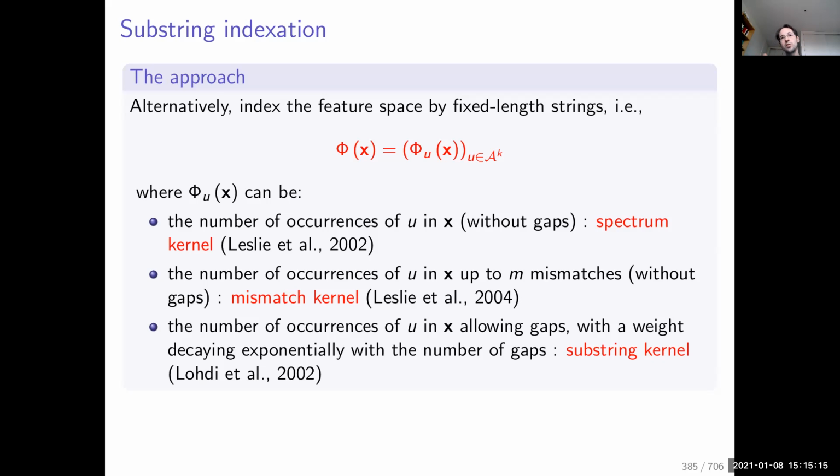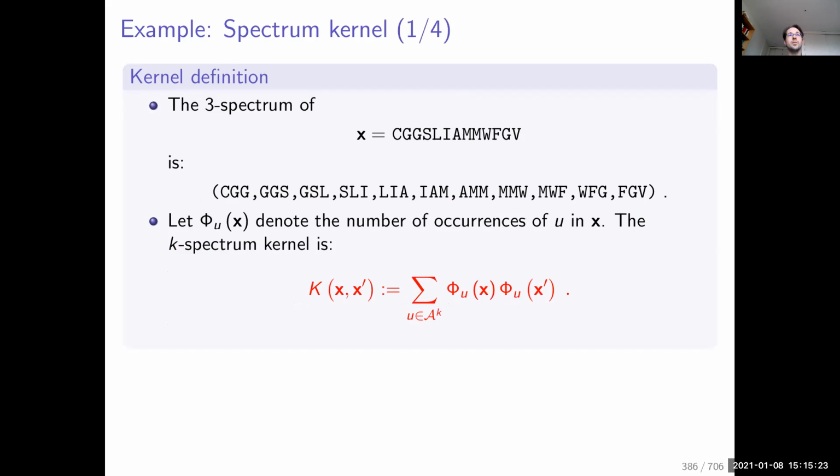That would motivate the need to allow gaps in the definition of occurrences. You will see what I mean by gaps very soon. So before that, let us consider the spectrum kernel and see a few examples such that we get a bit more intuition about what this actually does.